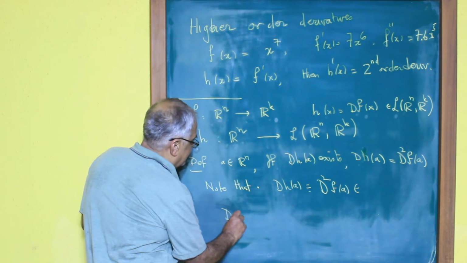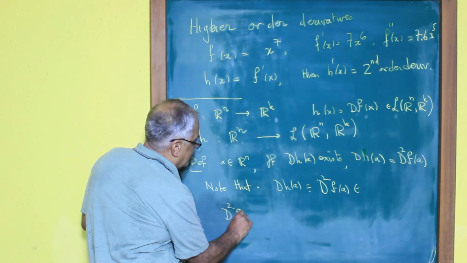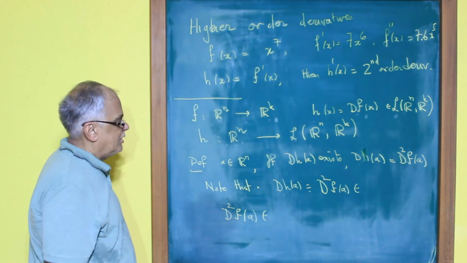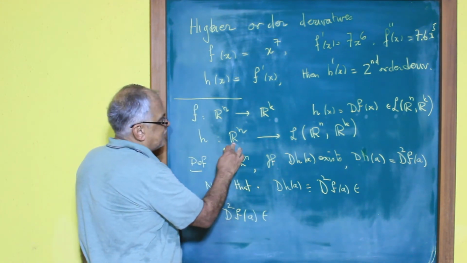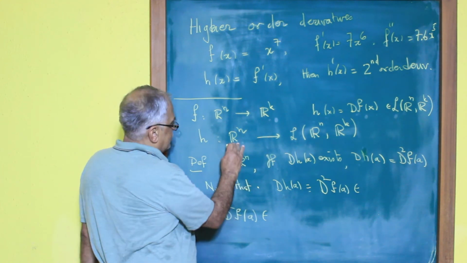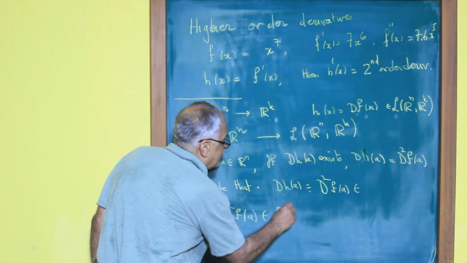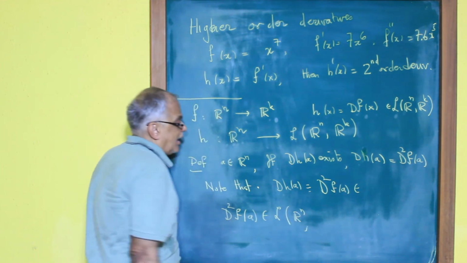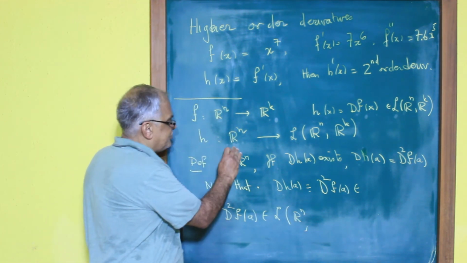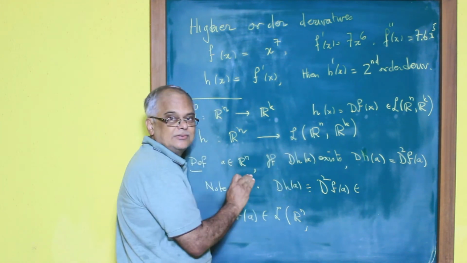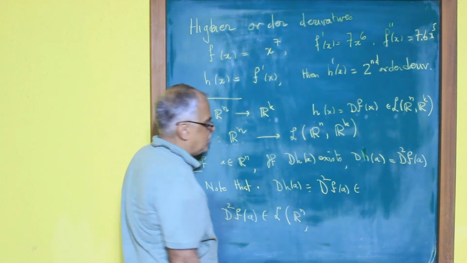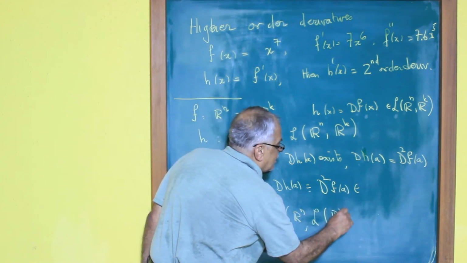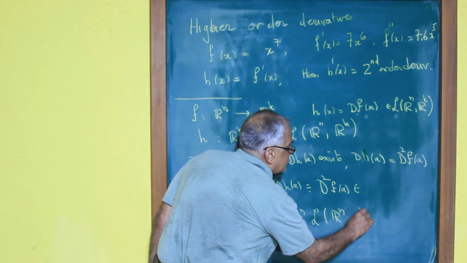The second derivative of f at a should be linear maps between something and something. So it must be a linear map from this space, Rn, to this space, whatever I have on the other side. That space is linear maps from Rn to Rk.